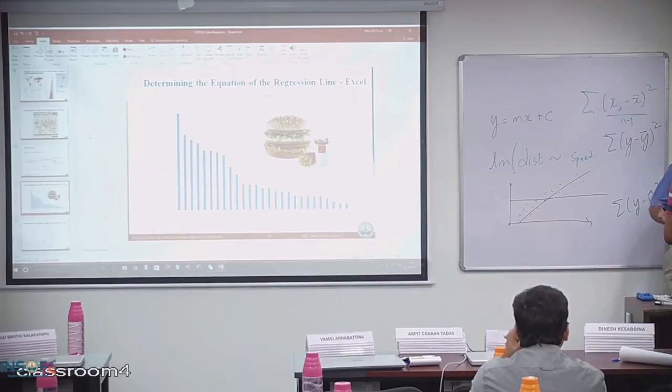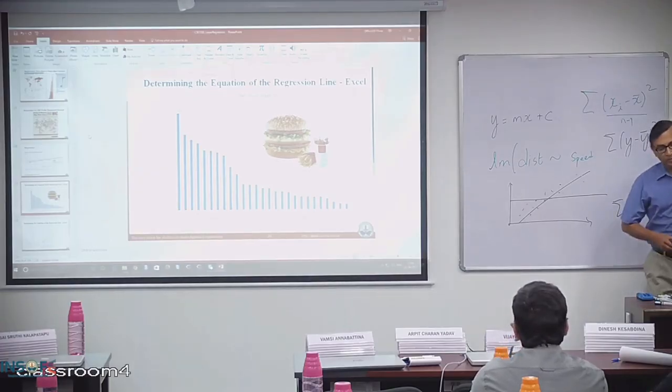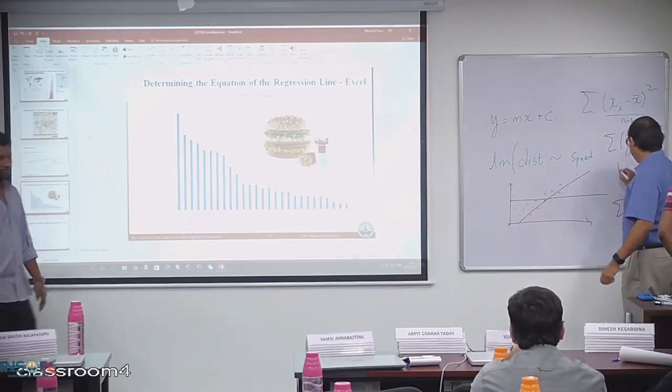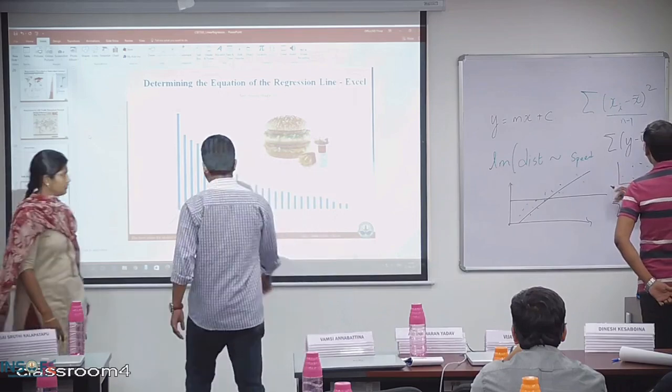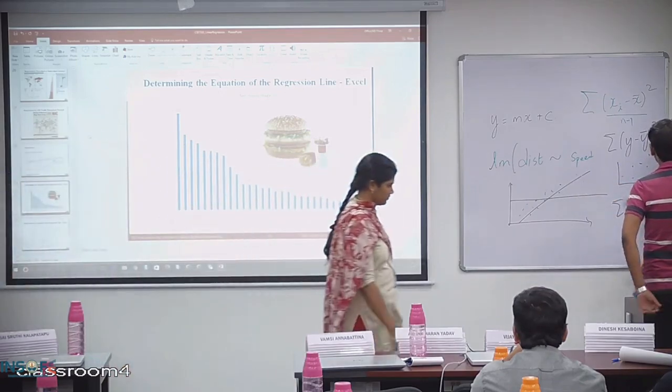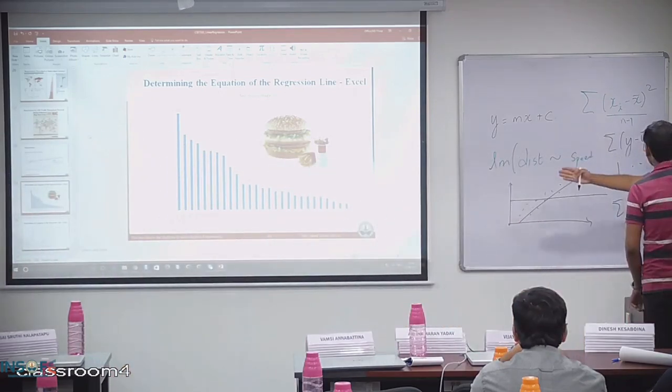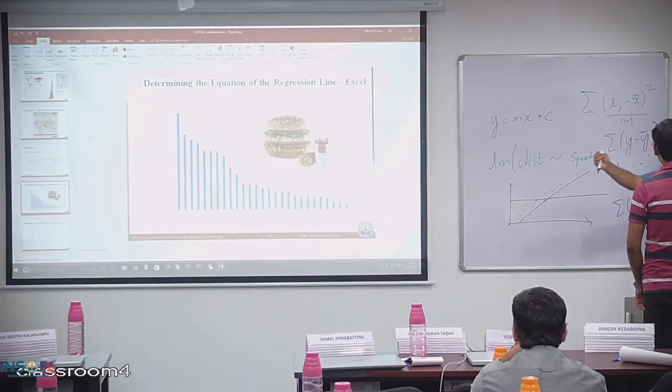A simple example. You are measuring how far a car is going. You are measuring, given time, how much distance it covers.